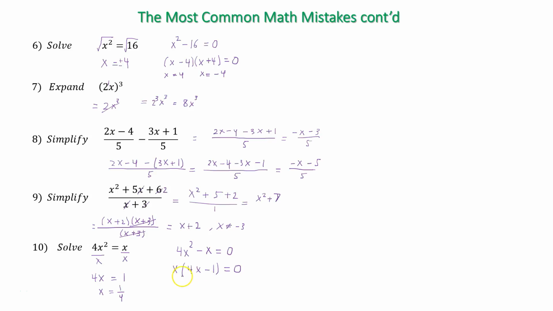And so now we have two factors, x and 4x minus 1. We would set each one equal to 0, so we have x is equal to 0. And we're also going to have 4x minus 1 is equal to 0, and so x is going to equal 1 over 4, just what we got before. But this isn't the only solution, right? There's also x is equal to 0.